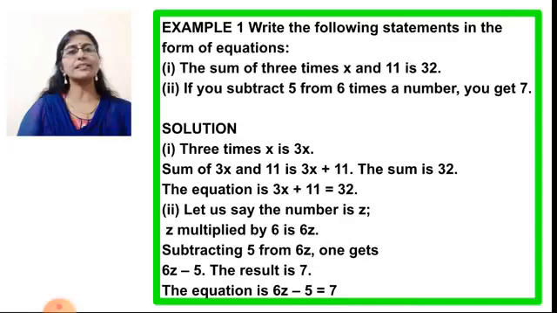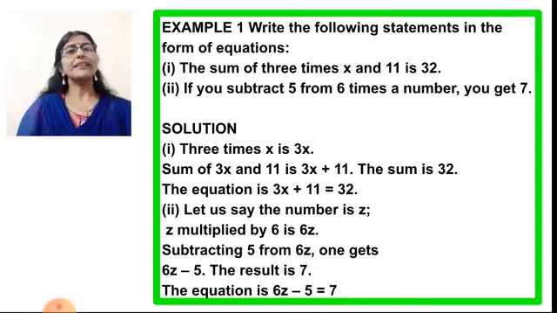You know already what is sum. And then they have given you the result, 32. So now we will be framing the equation. The equation is 3x plus 11 is equal to 32. So I hope you all understood.